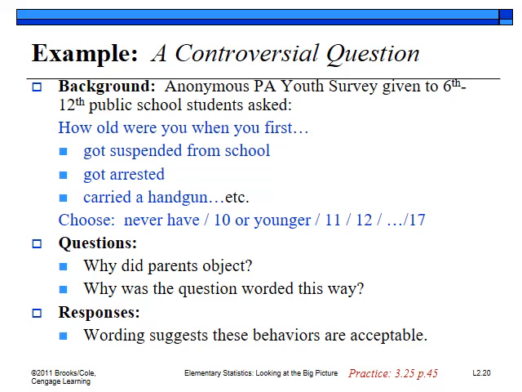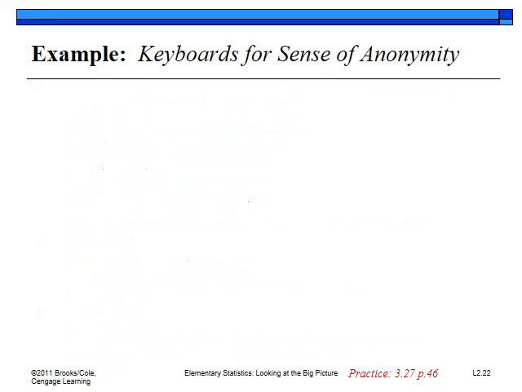We don't want them to feel bad about themselves. If they do feel bad about themselves, they might lie about it. So by wording the question this way, it seems like it's making it sound like these are acceptable. But the question's being asked this way so that the respondents don't feel judged if they do say that they have been arrested or so forth. This is a tricky situation.